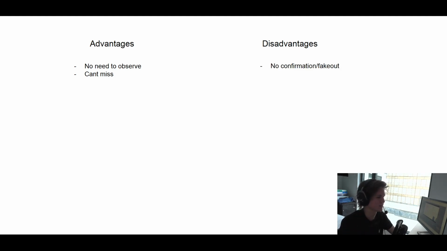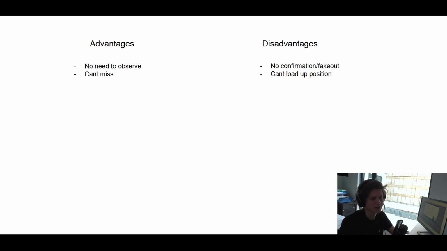But disadvantages at the same time, there is no way that you can get a proper confirmation on your trade, or more specifically actually observe a break of structure at the zone, which means that you're quite prone to fake outs and easily getting stopped out in that sense. And also you can't load up your position, which sometimes I do.